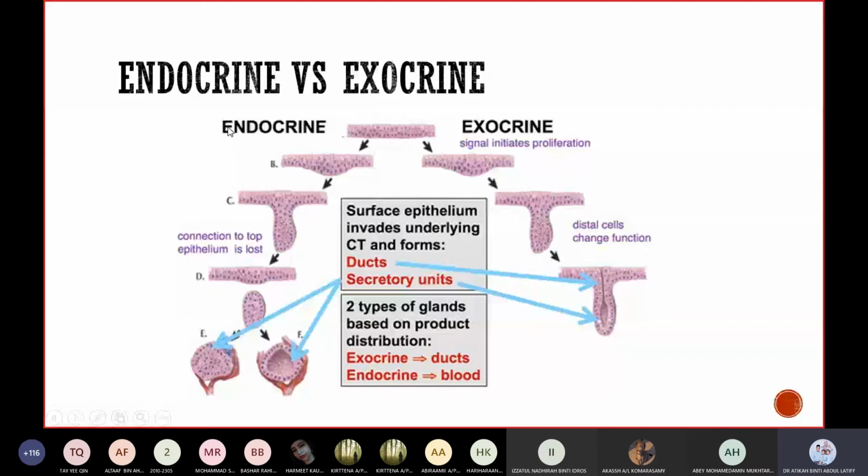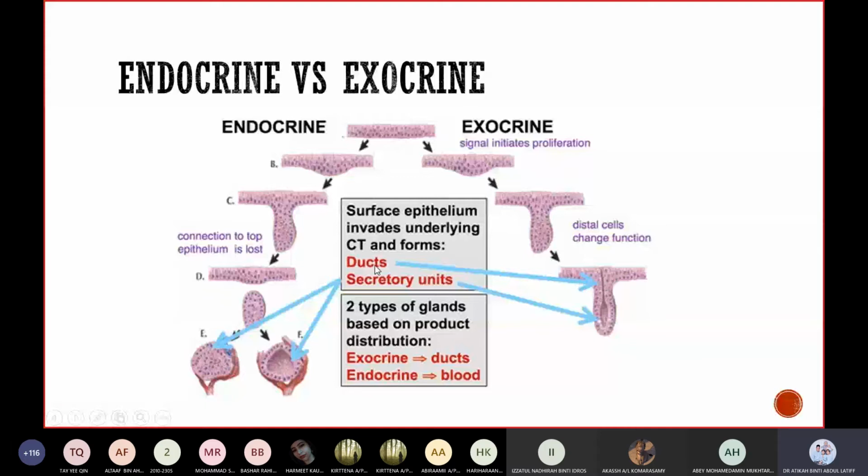So in the endocrine gland, during development of the gland, the connection from the epithelium is totally cut off. So the gland is cut off from the top epithelium entirely. Okay, and they create their own secretory units. Okay, and for exocrine, the distal part of the gland changes function, but the connection remains, and the connection is called a duct.